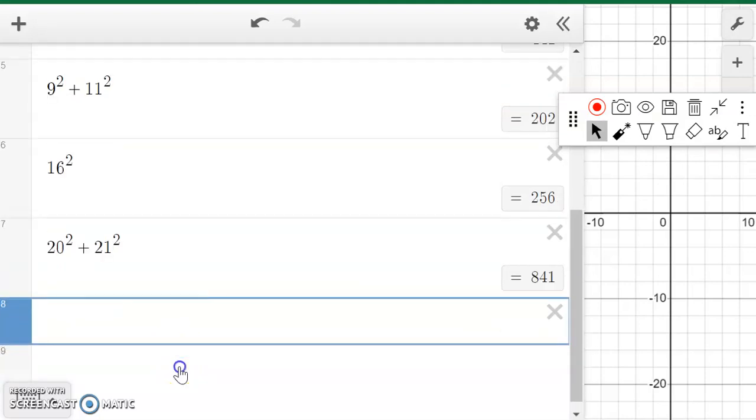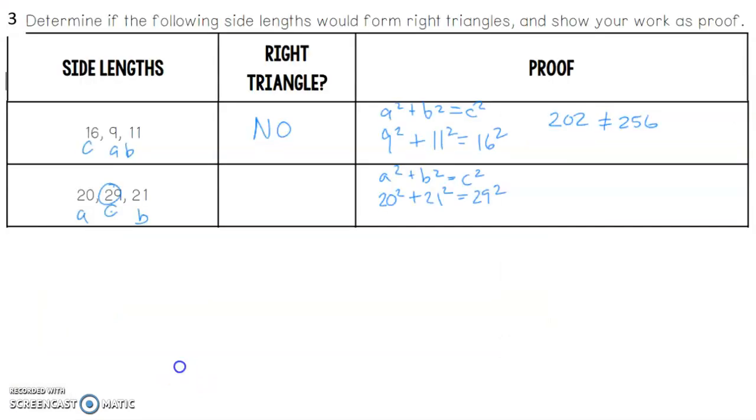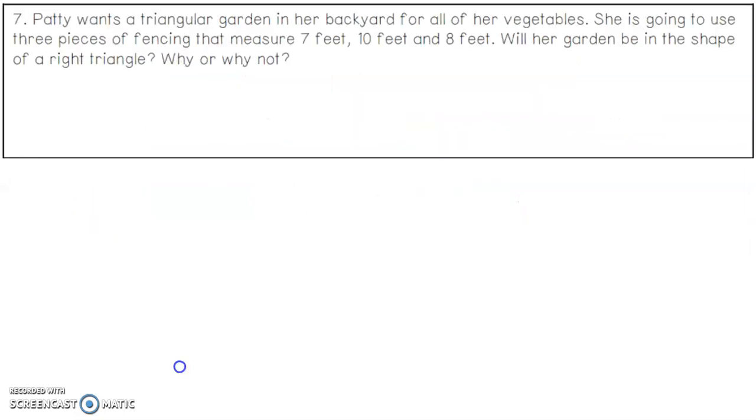It equals 841. 29 squared is 841. Hey, these equal the same thing. So this would be a right triangle. We could use those lengths to make a right triangle. Using the converse, if a triangle is a right triangle, a squared plus b squared equals c squared has to be true.